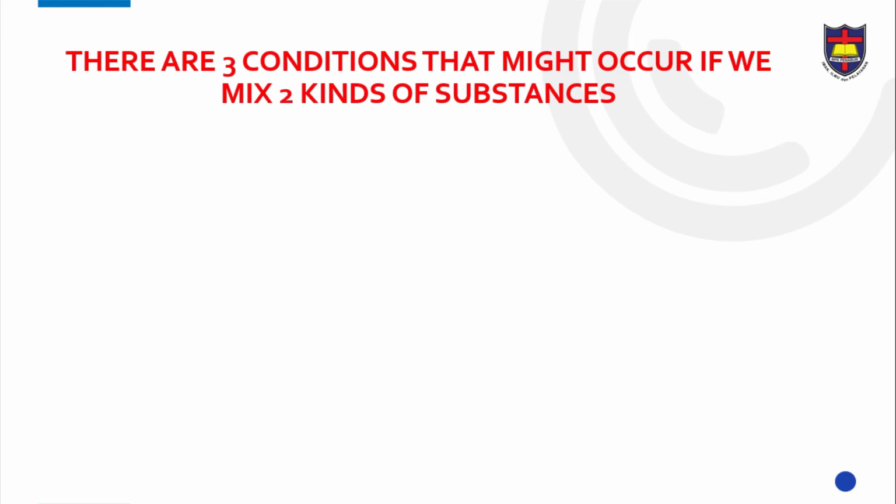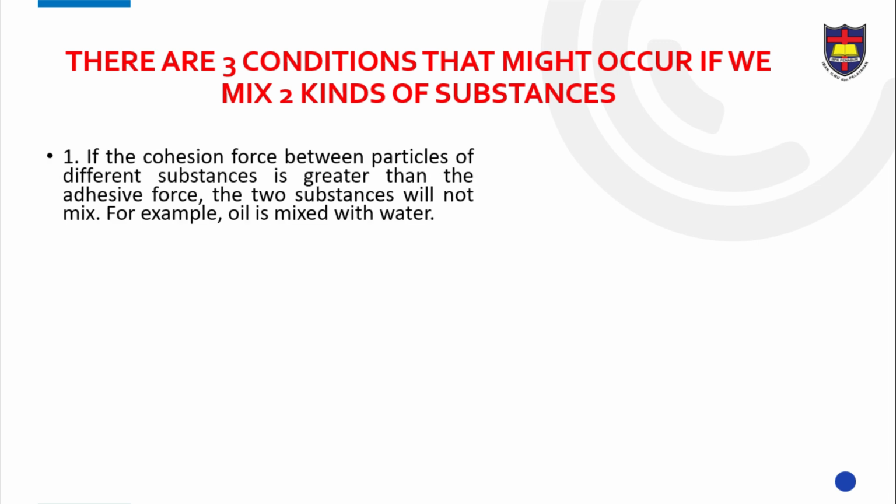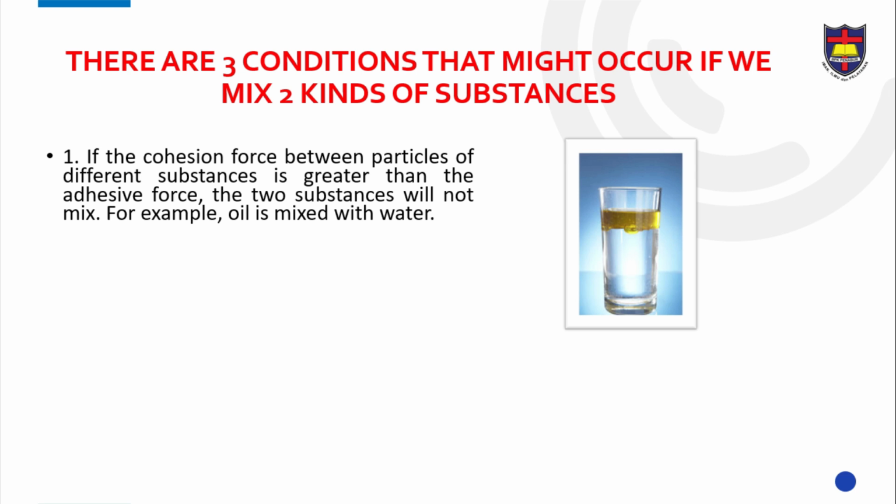So there are three conditions that might occur if we mix two kinds of substance. 1. If the cohesion force between particles of different substances is greater than the adhesive force, the two substances will not mix. For example, coconut oil is mixed with water. 2.